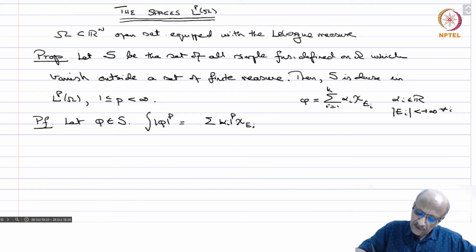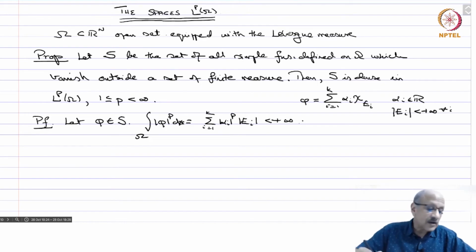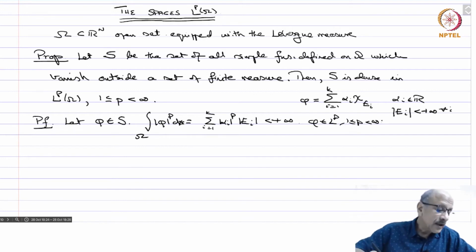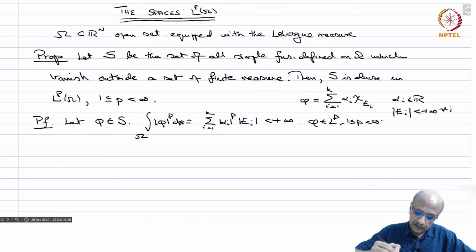So if you take the integral of |φ|^p dx over Ω, this is equal to the sum from i = 1 to k of |α_i|^p times |E_i|, which is finite. Therefore all these functions are in L^p, so φ belongs to L^p, 1 ≤ p < ∞. In fact, it's also in L^∞, because it takes only the values α_i or 0, but that's not relevant to this particular problem.